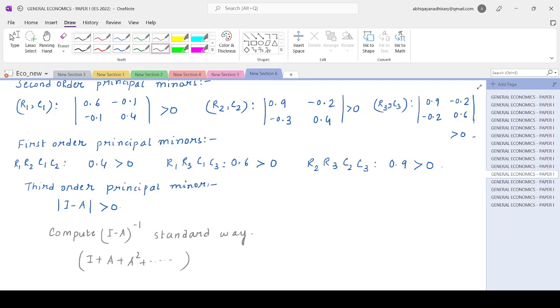You will see that the more powered matrices you add, the closer it approximates to the actual answer. I'm not doing this computation because it's just algebra. I hope you have understood the idea and you can work it out yourself. Okay, thank you.